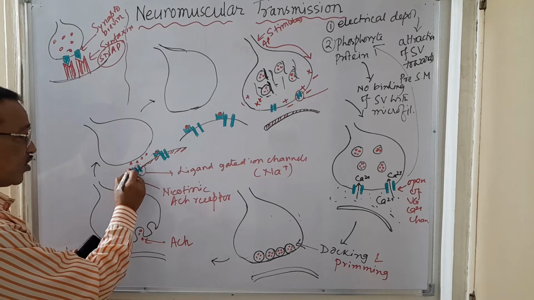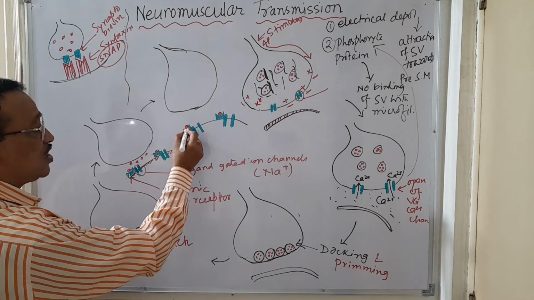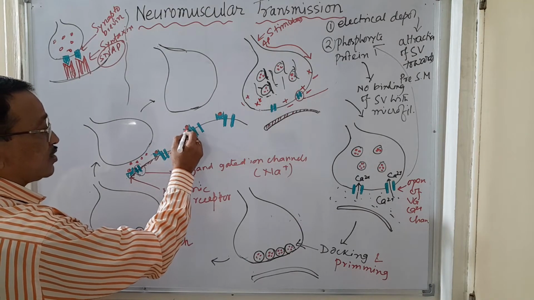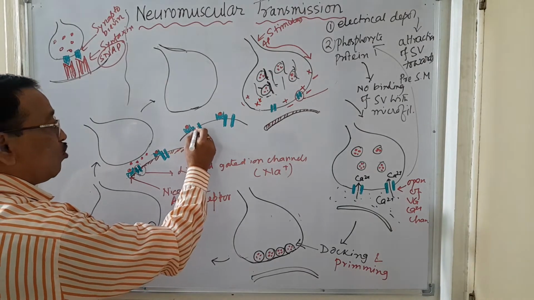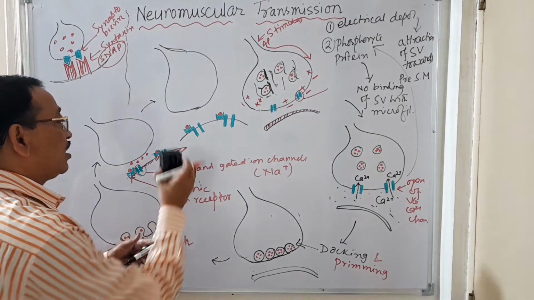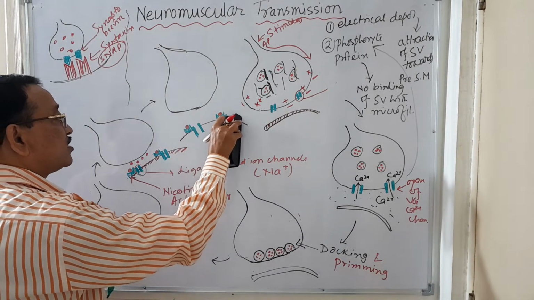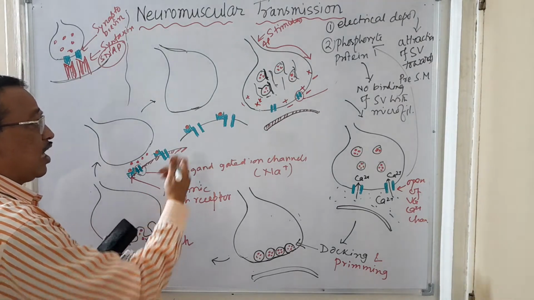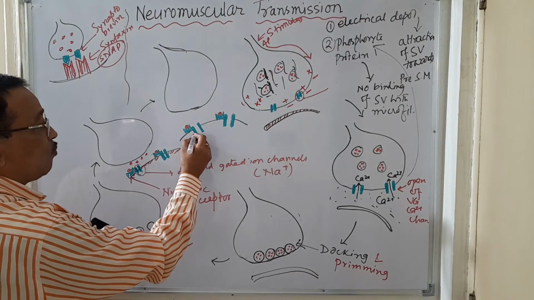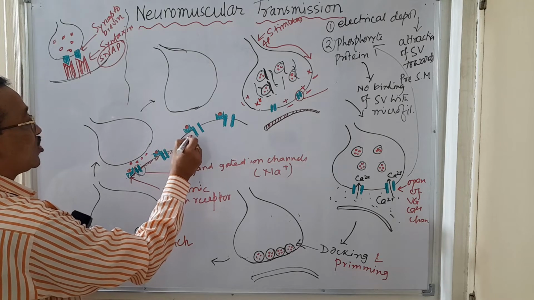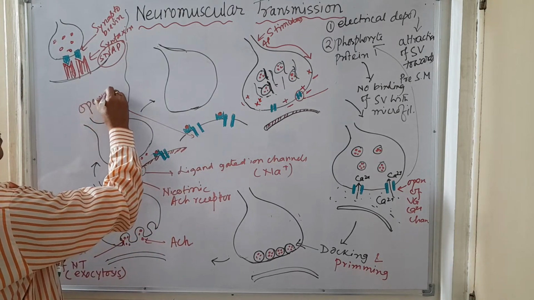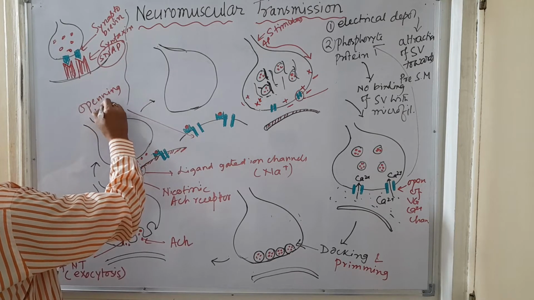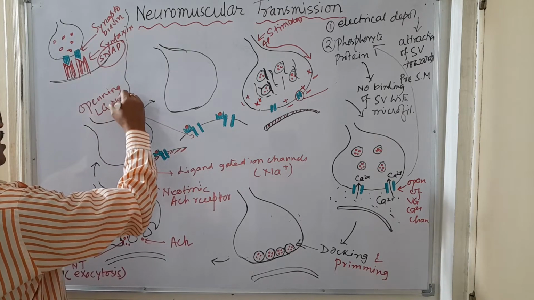So once the neurotransmitter binds with the nicotinic acetylcholine receptor, there is an opening of the ligand-gated sodium channels. Here you see, these sodium channels will now open. So, opening of ligand-gated sodium channels.